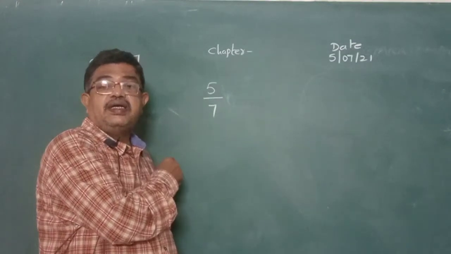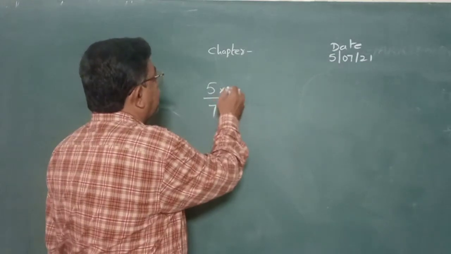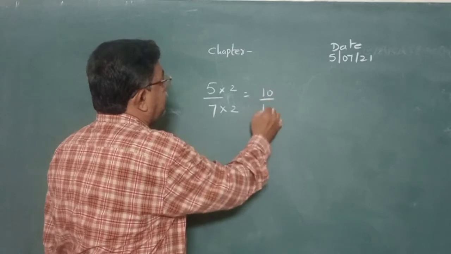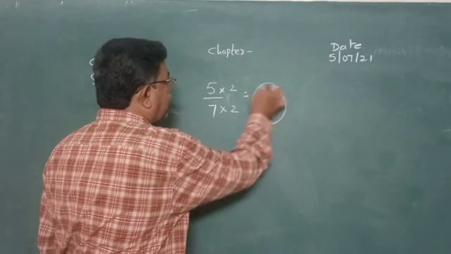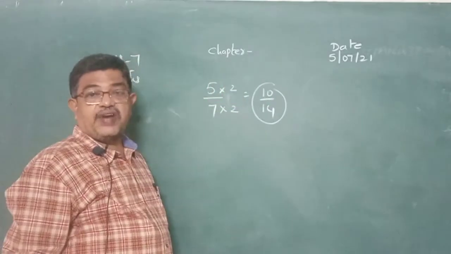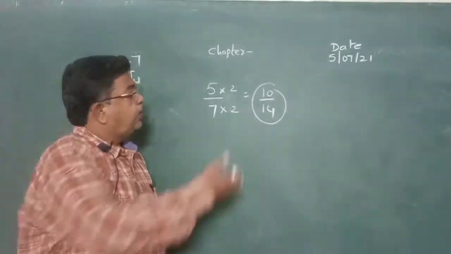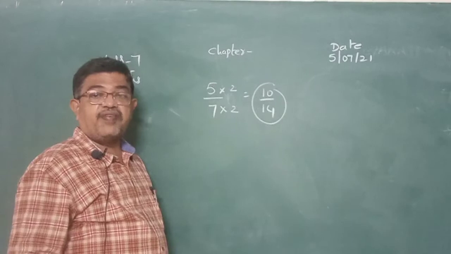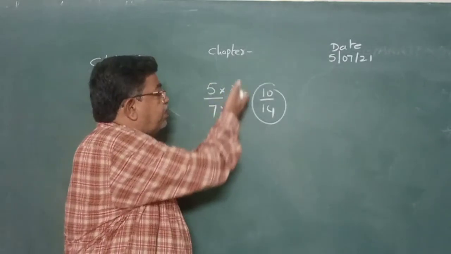It is a proper fraction. Now, I am multiplying the numerator by 2 and the denominator also by 2. What do I get? 10 by 14. 10 by 14 is a new fraction. How did you get it? By multiplying the proper fraction 5 by 7, both numerator and denominator, by 2. You got 10 by 14. 10 by 14 is another proper fraction, but you have a small link here. 5 and 7 are multiplied by the same number.